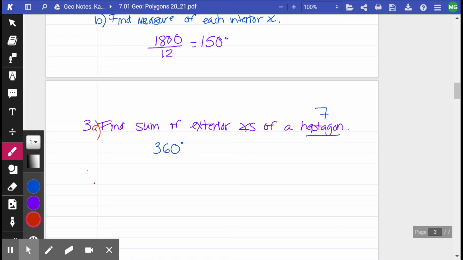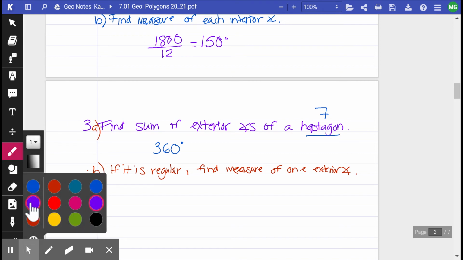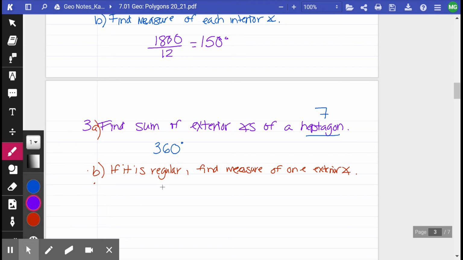So that's A, B. Now, if it is regular, meaning all sides and all angles are the same, find the measure of one exterior angle. Go ahead and try that now. All right, so now it does matter that it's 7 sides. We're going to take the sum of the exterior angles and divide it by 7.